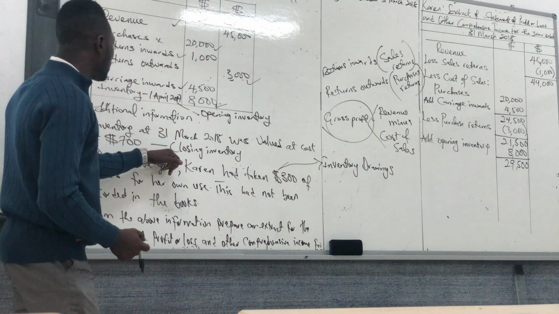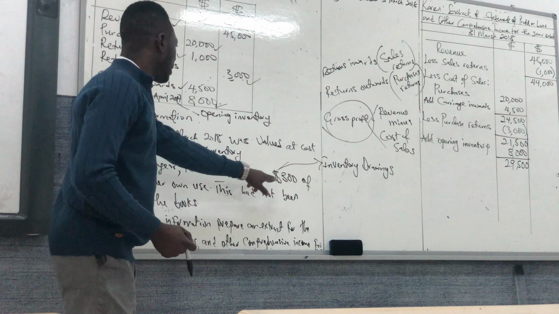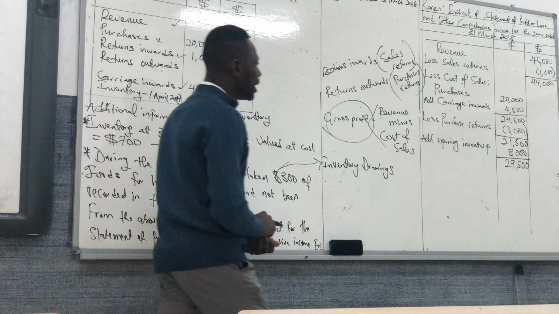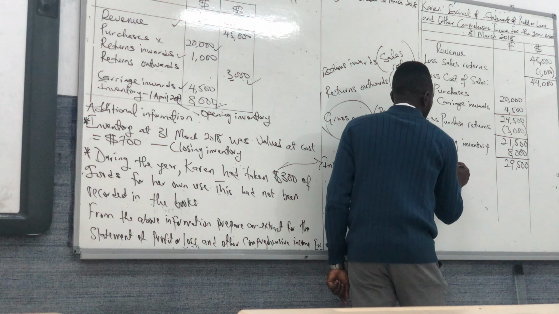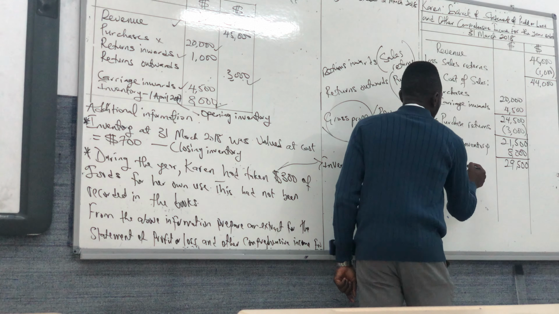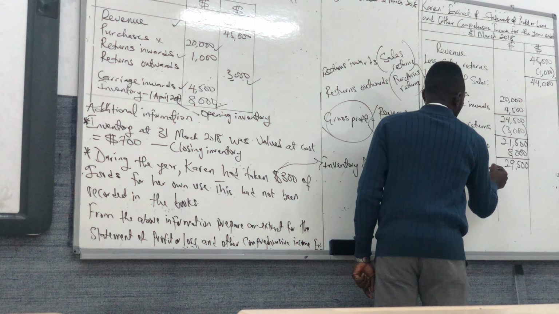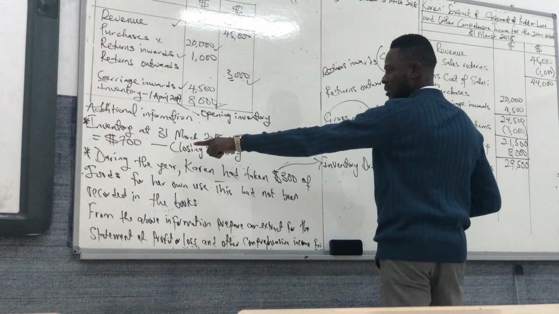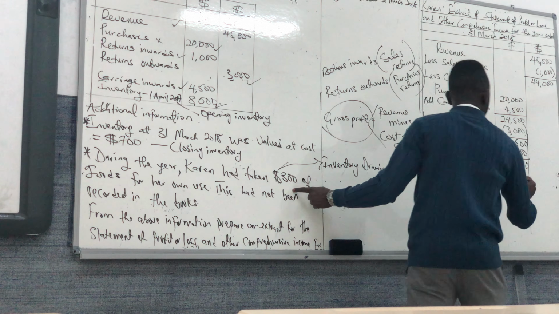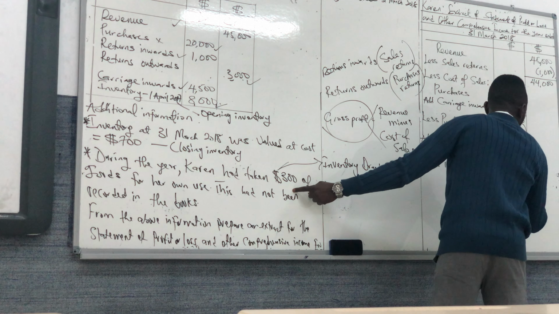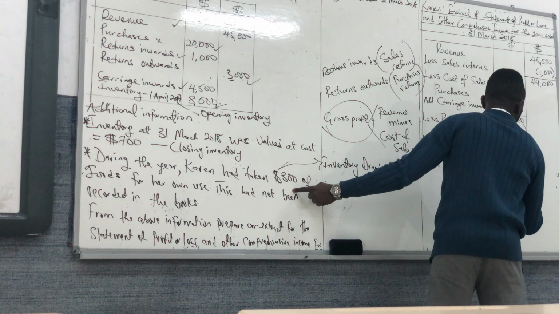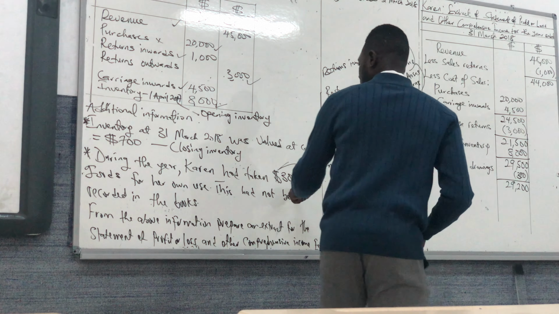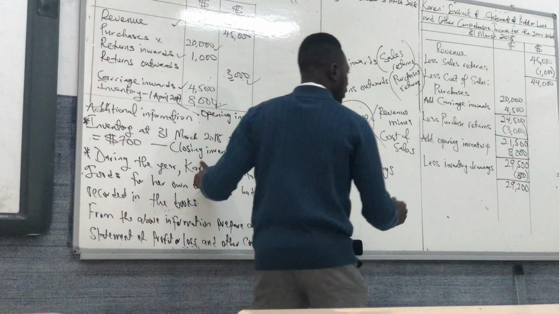But before our closing inventory, we have the inventory drawings. So you less inventory drawings, amount $300. So this gives 29,200.